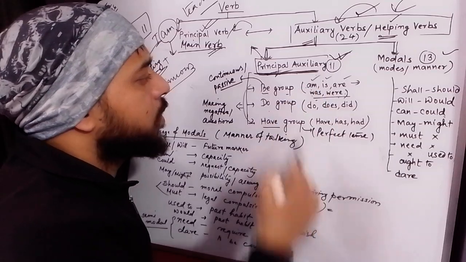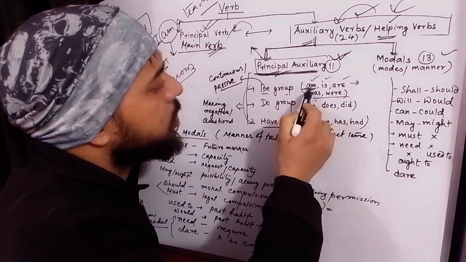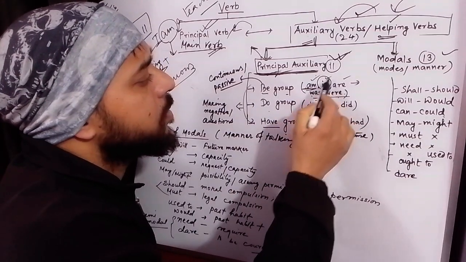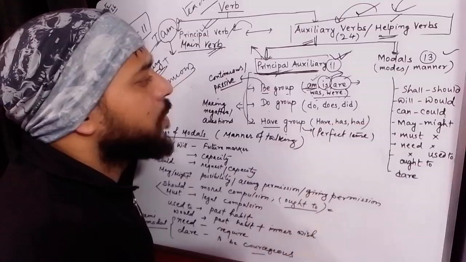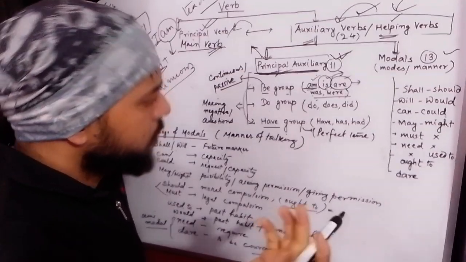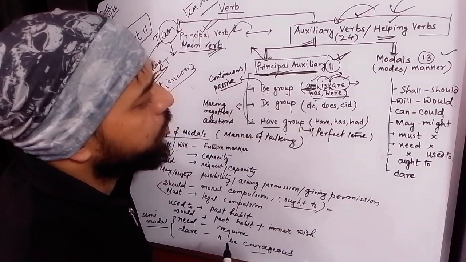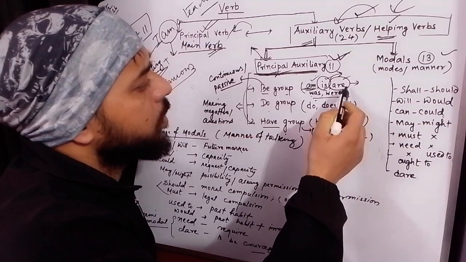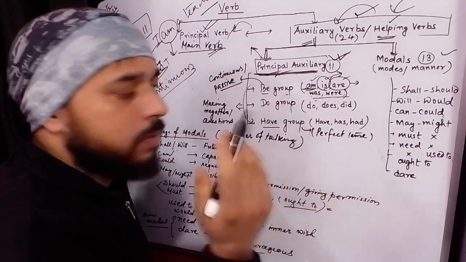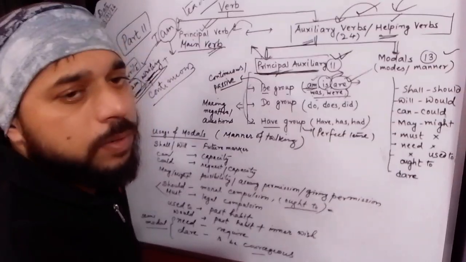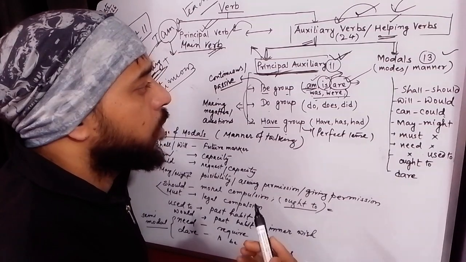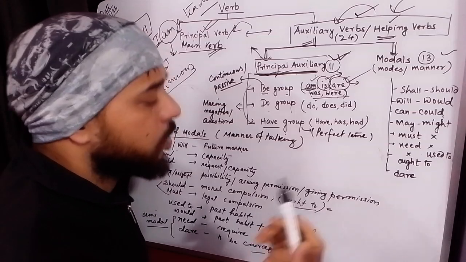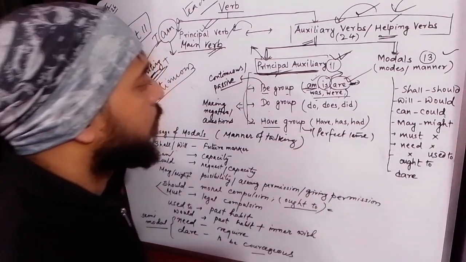Am takes I always, is follows the third person singular number, and are will be just after the plural pronoun, except you in singular also takes are. Okay, so that will be are.